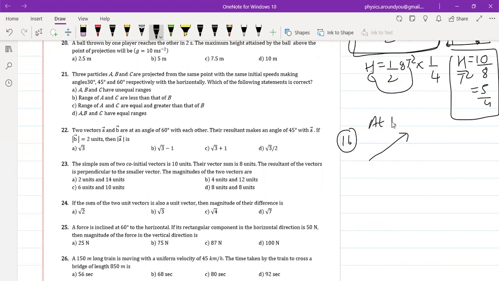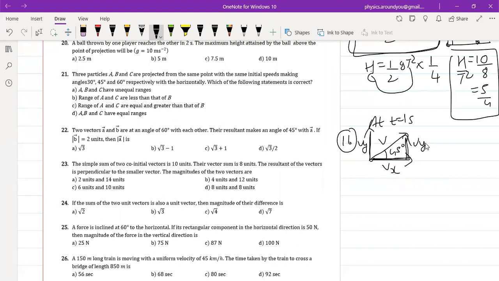At t equal to 1 second, the velocity of the projectile, let us say it has a velocity of v, is making an angle of 45 degrees with the horizontal. If I resolve it, since the vector is making an angle of 45, I can say both its horizontal and vertical components should be equal.